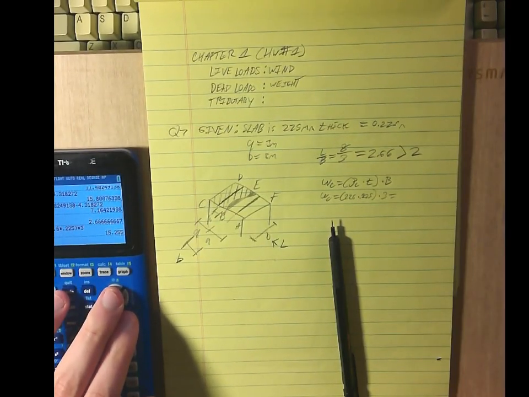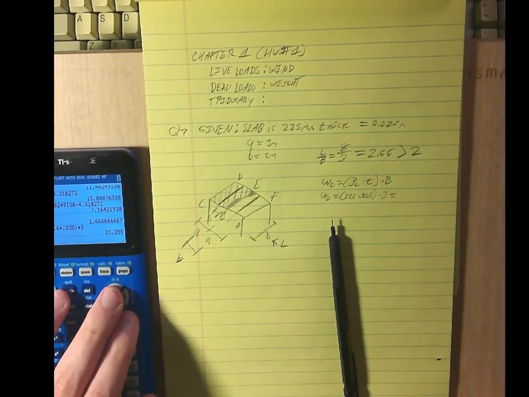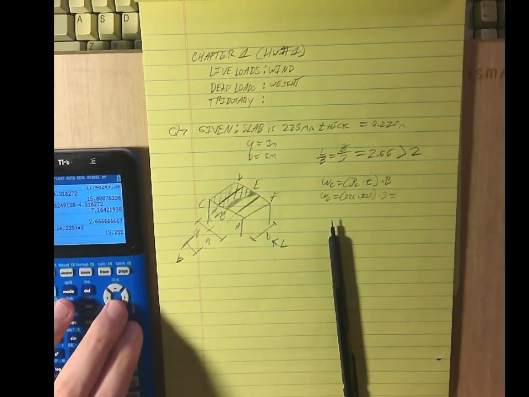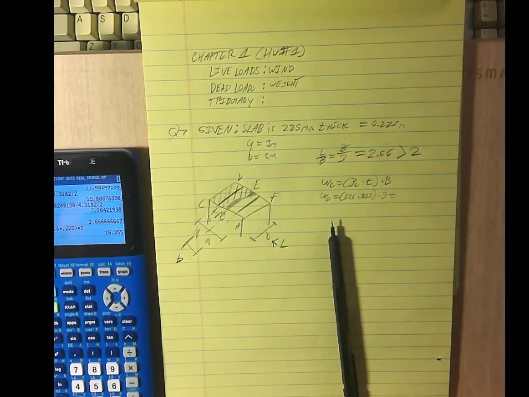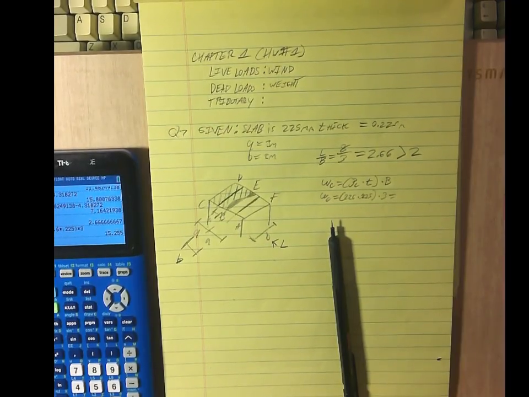Thickness is in meters, and it's kilonewtons per meter cubed. This is in pounds per foot squared. Where is there anything that's just in pounds per foot?